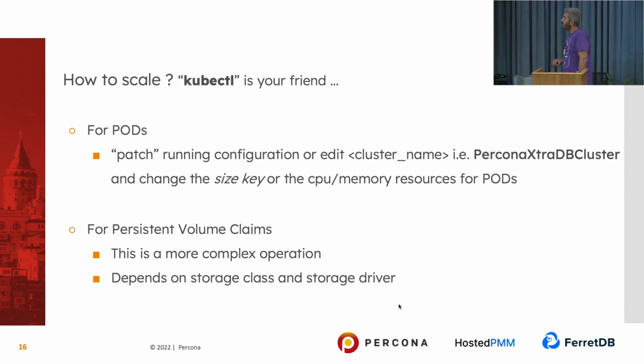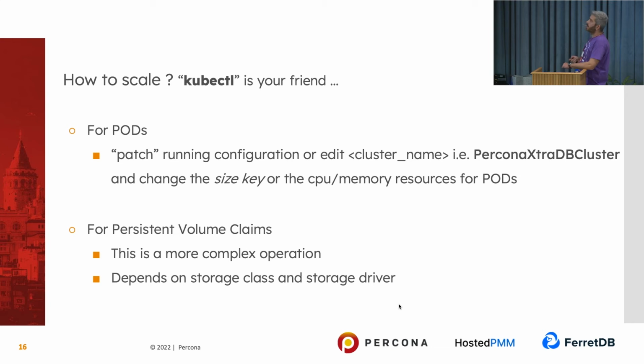And how to scale? If you remember, I showed you kubectl before. For Kubernetes, kubectl is your friend. Whatever you want to do is kubectl and some commands, or kubectl a command and a YAML file. And for pods, you can just patch running configuration. So kubectl patch is a command, and I patch the configuration.